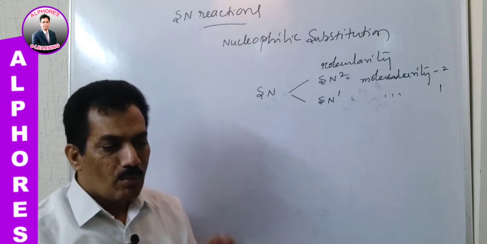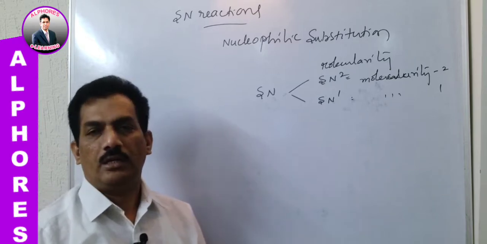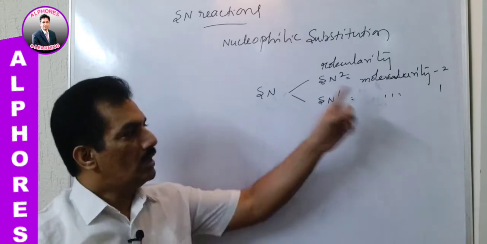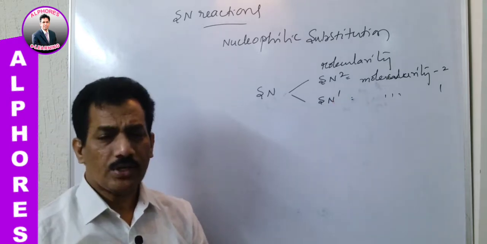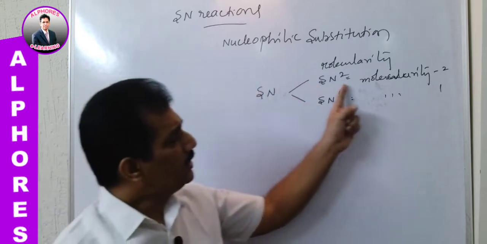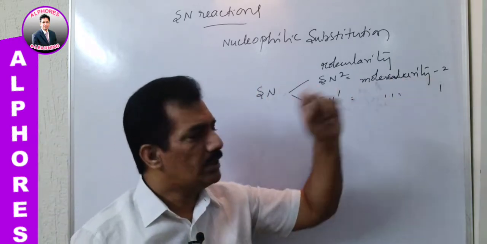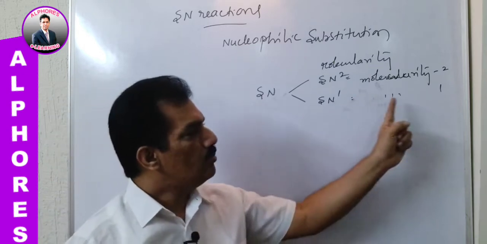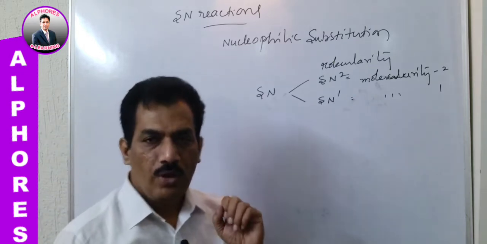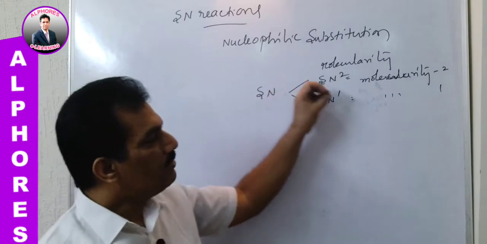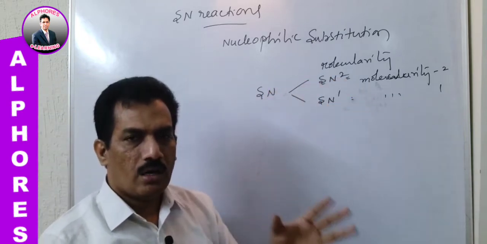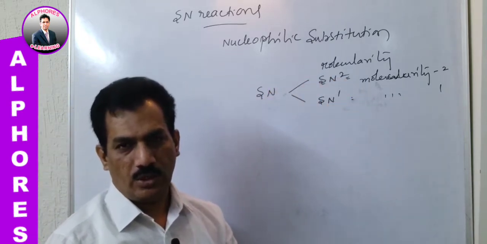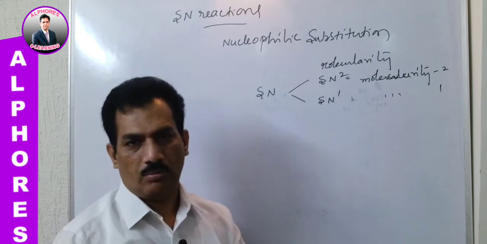The number of molecules involved in that rate determining step is the molecularity. Clear? In SN2 the molecularity is 2, and in SN1 the molecularity is 1.